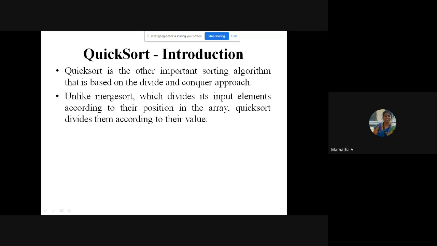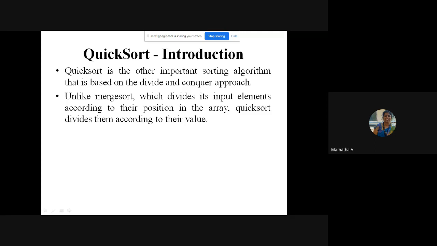This second point is very important because sometimes in the exam they will ask you to write a sorting algorithm that divides the input according to their value. So you should not panic. Oh, which is this? We know only merge and quick. It's quick sort. Okay, quick sort divides based on the value, and merge sort divides on the position, that is your mid position.